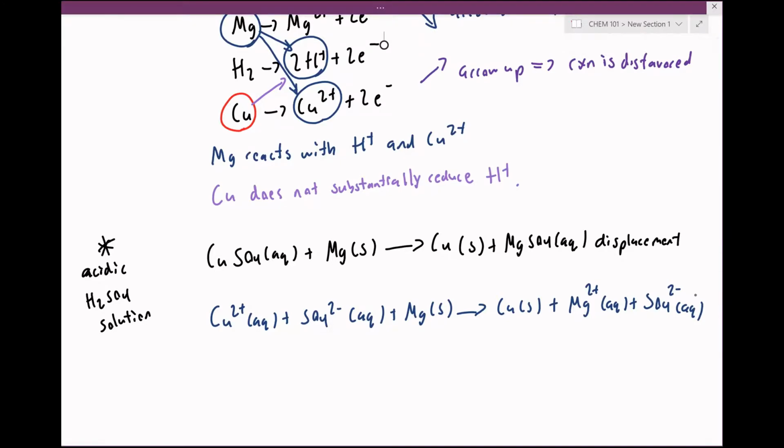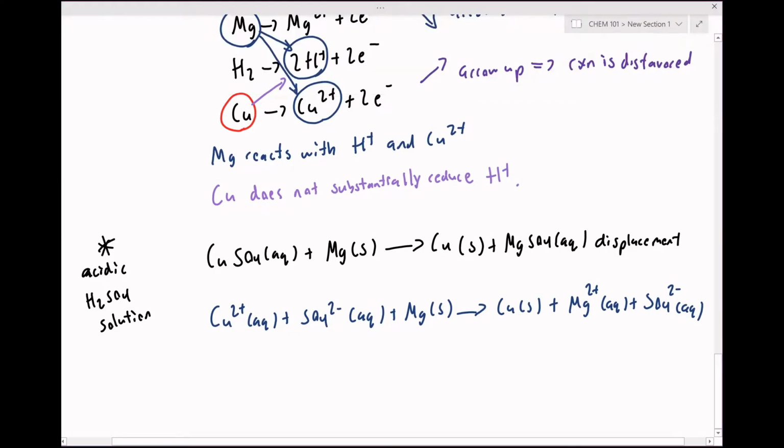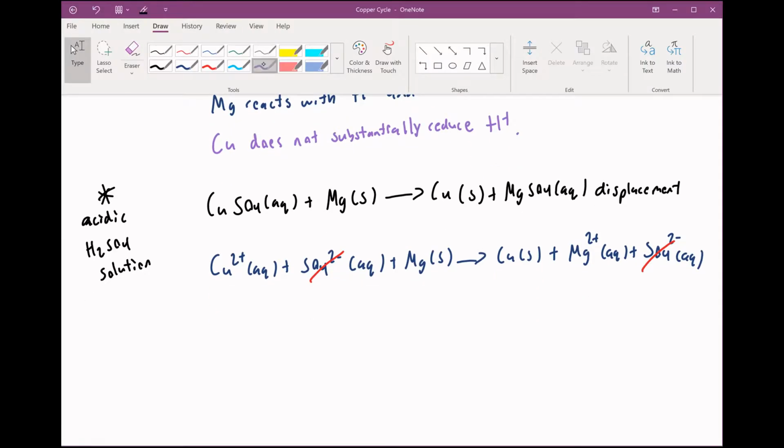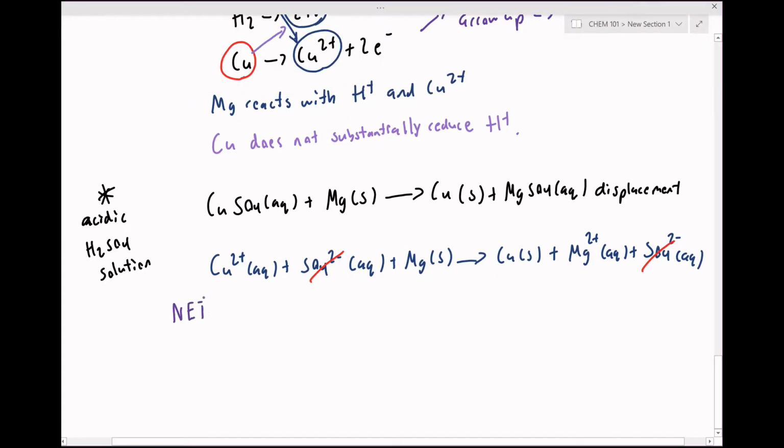Again, we see sulfate as a spectator ion, and in turn we have a net ionic equation of copper 2+ aqueous plus magnesium solid leads to copper solid plus magnesium 2+ aqueous.